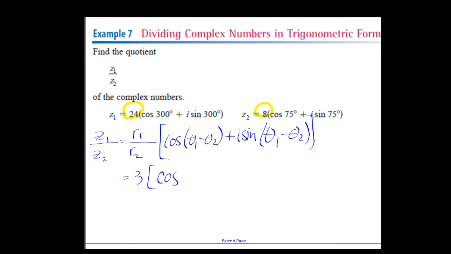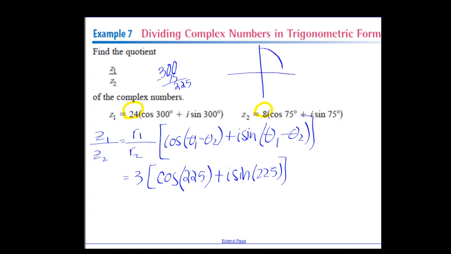We've got cosine of 300 minus 75 equals 225, plus i sine of 225. Now think unit circle. Here's 180 degrees, here's 225.